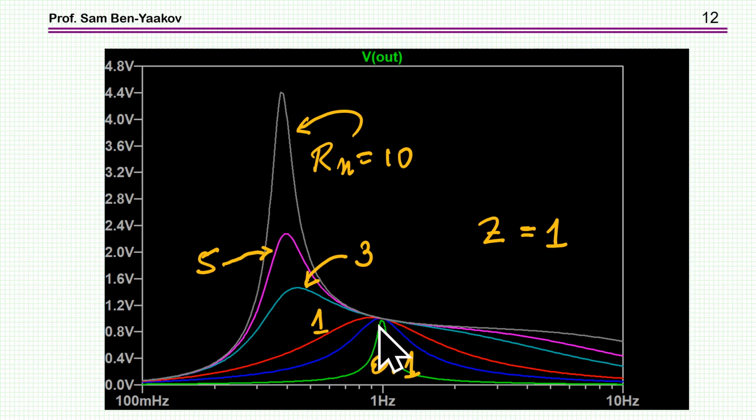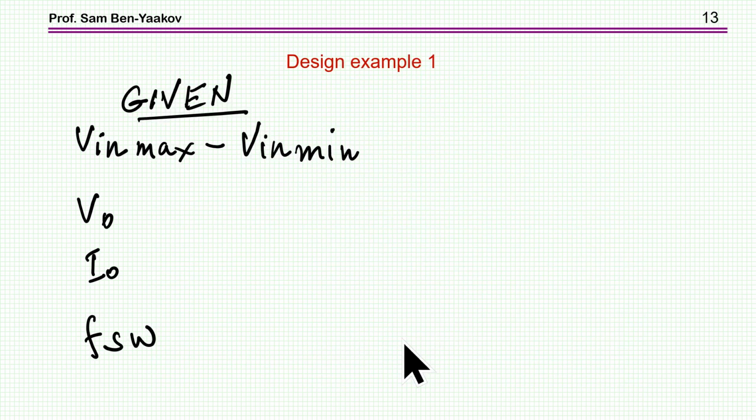Now, the nice thing about LLC, of course, is that all these resistances are actually converging to this one point with a gain of 1. This is very nice, and this is why we like to work in this area, because then the converter will be insensitive to the load resistance. In order to explain the approach that I'm proposing here, let me start with a simple case, not to complicate things at the beginning.